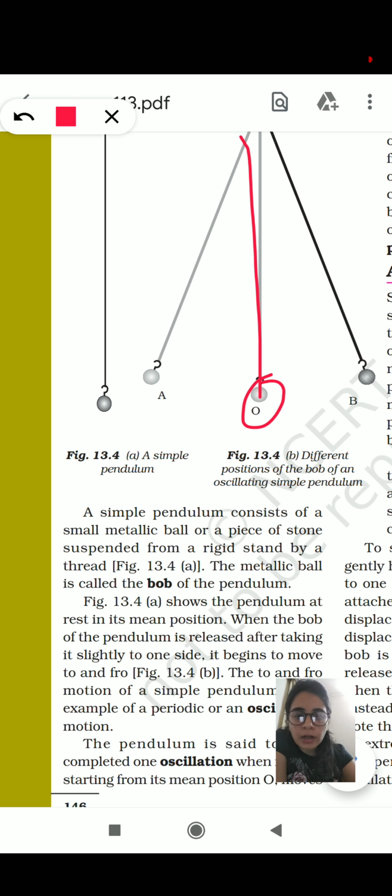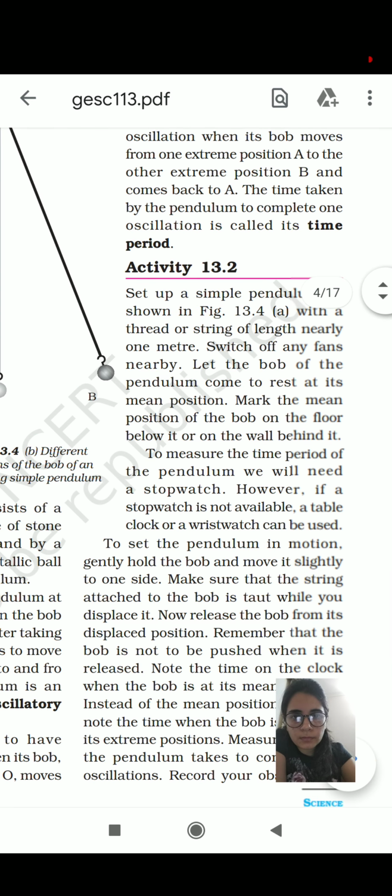Then you will note the time period using a stopwatch from O to A, then back and then back to O. Starting from O, we reach back to O, then we note the time, and that will be the time period to complete one oscillation.